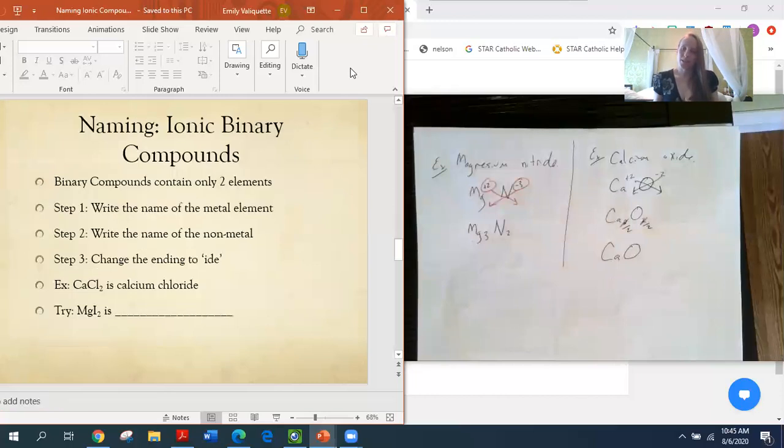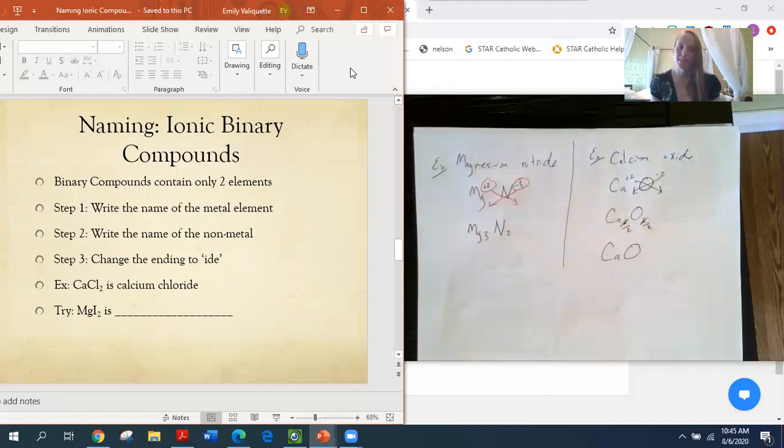Of course, we need to know how to do this process backwards. So if we are given the formula, we need to know how to get the name. In order to do that, you always write the name of the metal, then the non-metal, and just change the ending to -ide. There are no prefixes that would be used in this process.